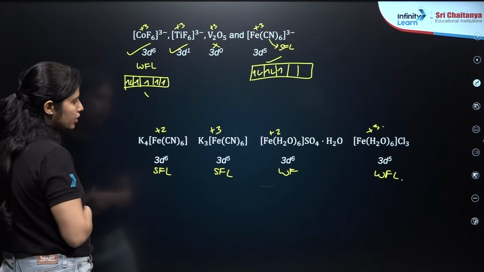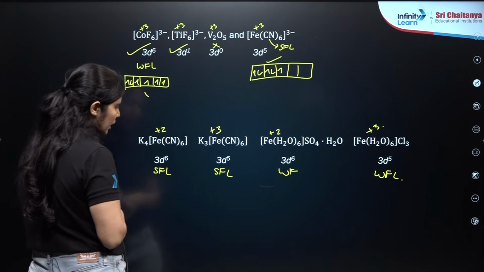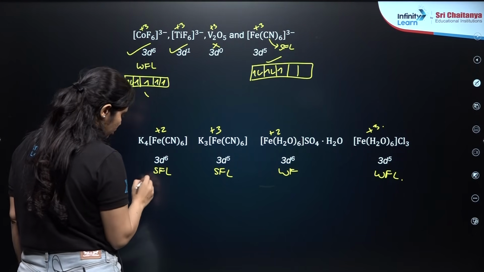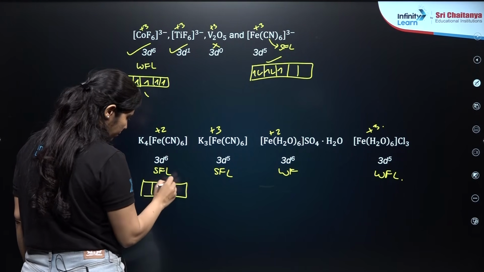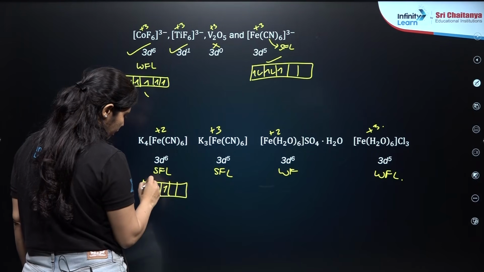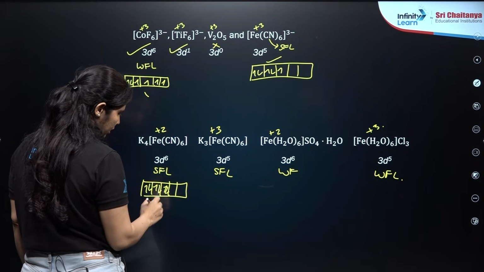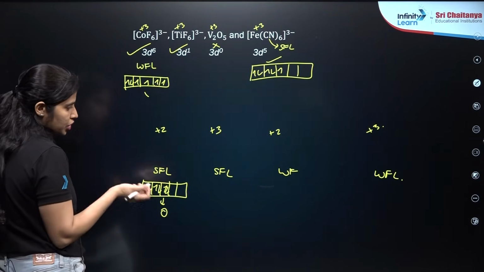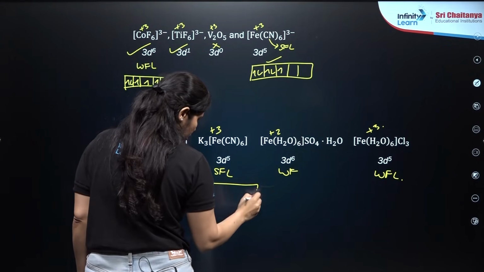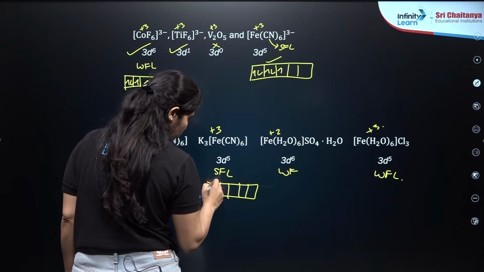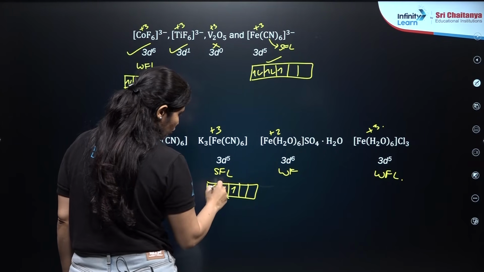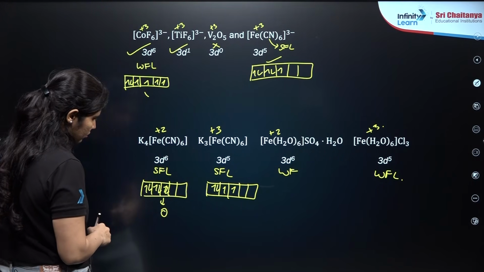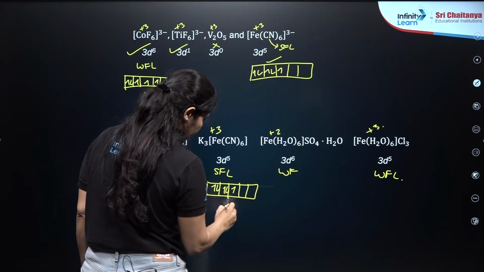Right? So let's see over here, if we have iron 2, I mean 3d6, right? So how many unpaired electrons? They want us to calculate the number of unpaired electrons, right? So let's do that. 1, 2, 3, 4, 5, 6. So we have 0 unpaired electrons for this one. So it should have the least, which it does. Let's look at the next one. Next one is 1, 2, 3, 4, 5, 1 unpaired electron.